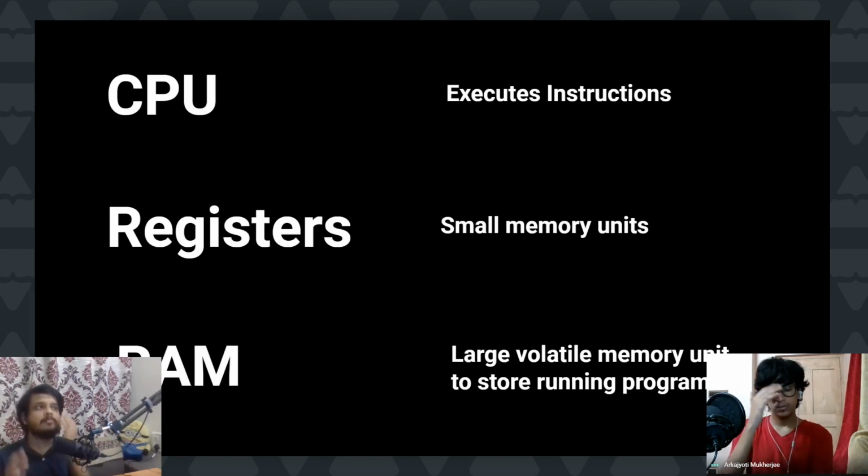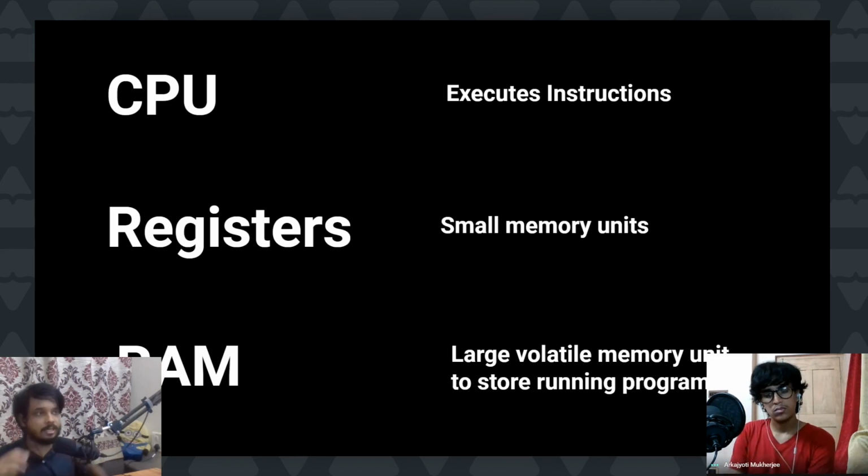So some basic components of an architecture, and you obviously know all these things, right? Like CPU, registers and RAM. So when defining an architecture, we define all these things, like what set of instructions the CPU for that architecture should support, or how many registers we have and why we use these registers.